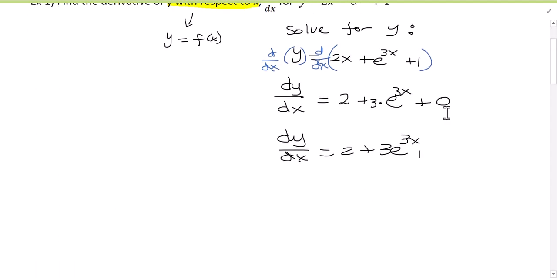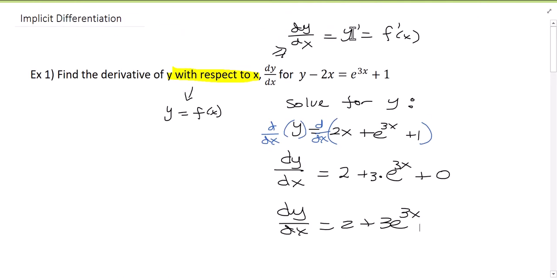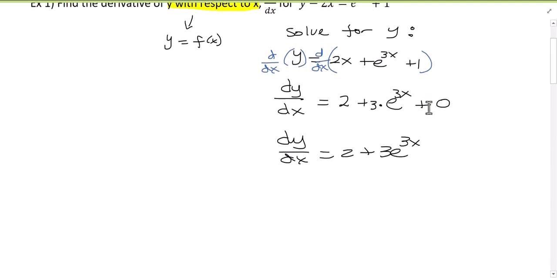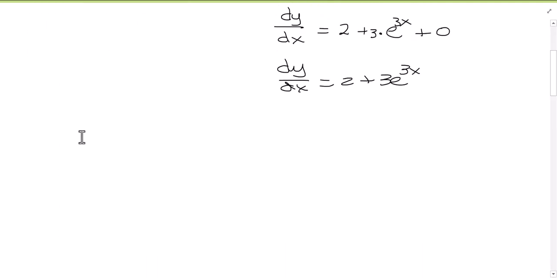Now another way I could have done it is I don't have to solve for y. So what do I mean by I don't have to solve for y? So I could have said, well, here's my function, and what I want to do is find the derivative of y with respect to x. And so then I can say, I can do the same thing that I did above.